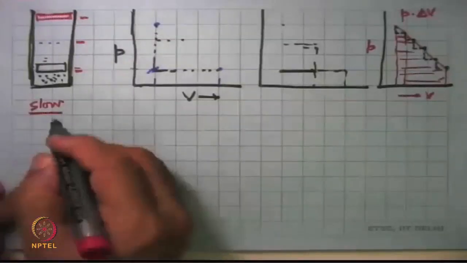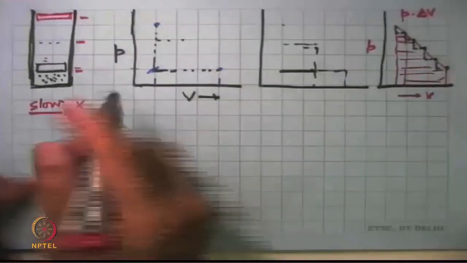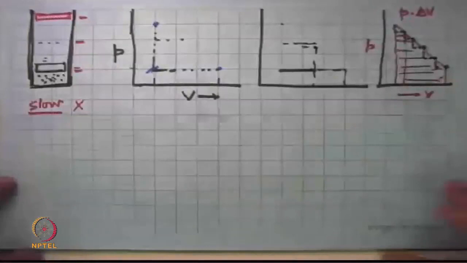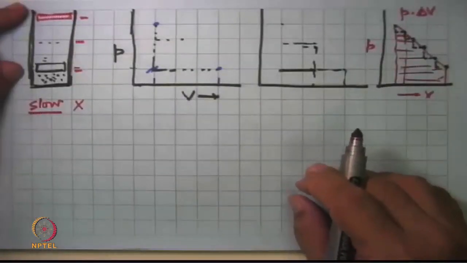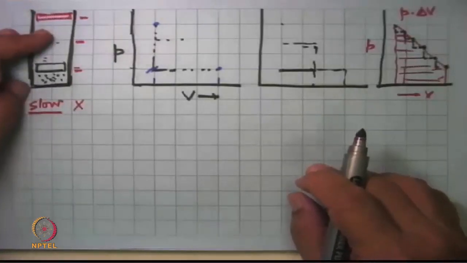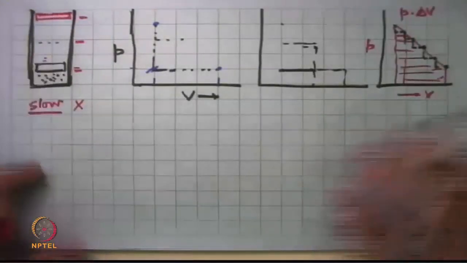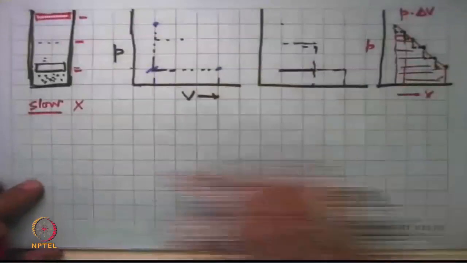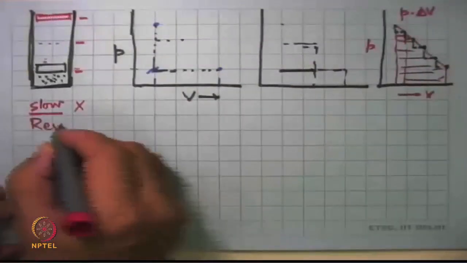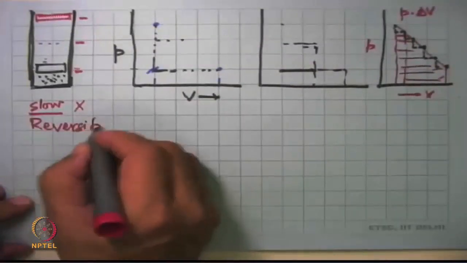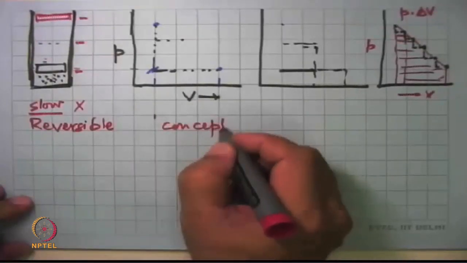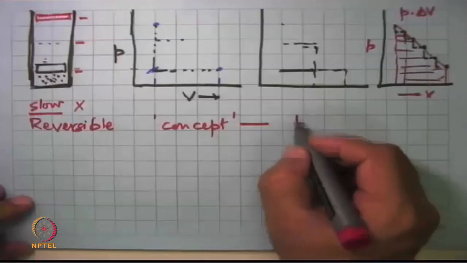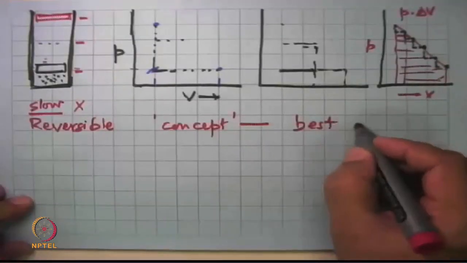And so we all deal with some degree of what one may call fastness or speed. And so there is always some degree of irreversibility or unrestrained expansion associated with real processes. But what this concept tells us about a reversible process is that it is a good concept in the sense that it tells you what is the best that you can achieve.